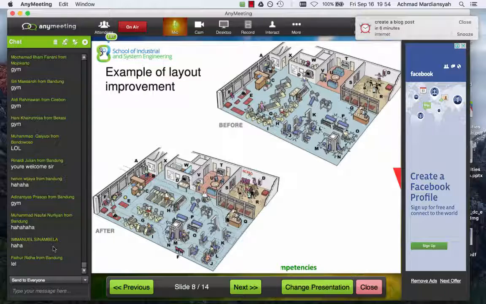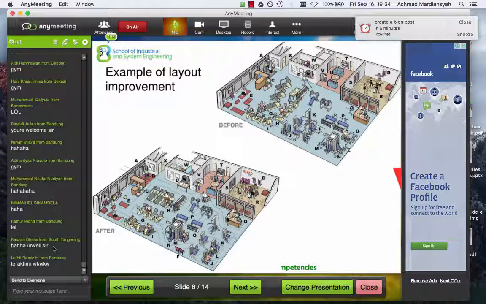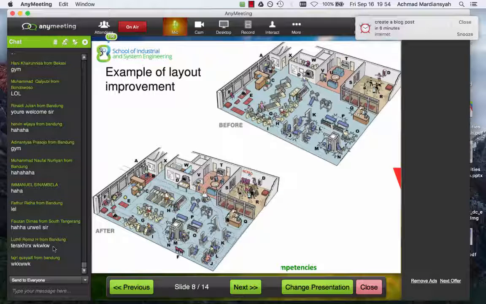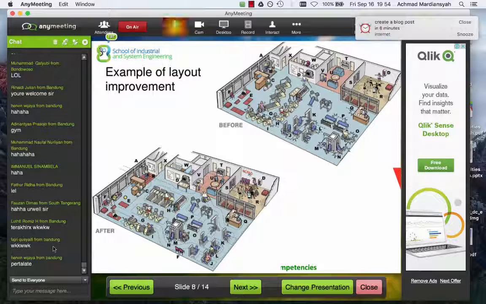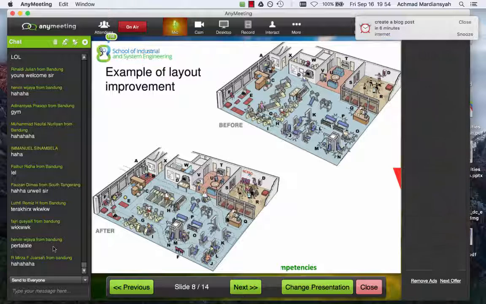So this is the one example of layout improvement. On the top here, in the beginning, that was the first initial layout. So we can see A, B, C, D, E, F, G. Lots of components, lots of equipment there. And that's the layout.